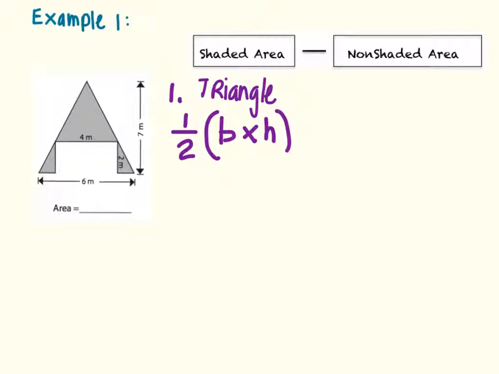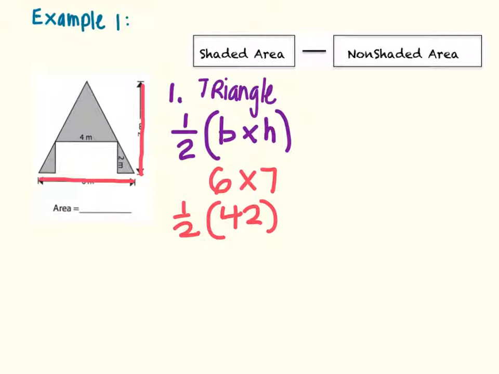On a triangle, which is in this picture, the base is 6 and the height is 7. 6 times 7 is 42, and then I want half of 42. If you're not sure what that is, you can divide it out. The answer is 21, and this picture is measuring in meters. So the original shaded space is 21 meters.